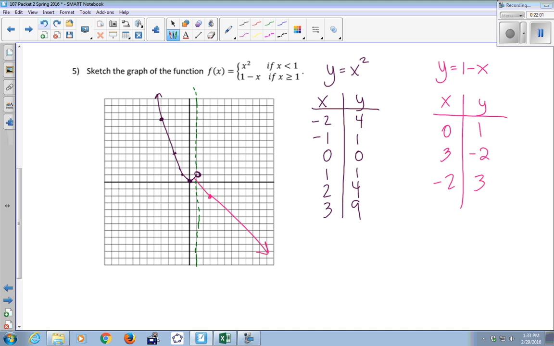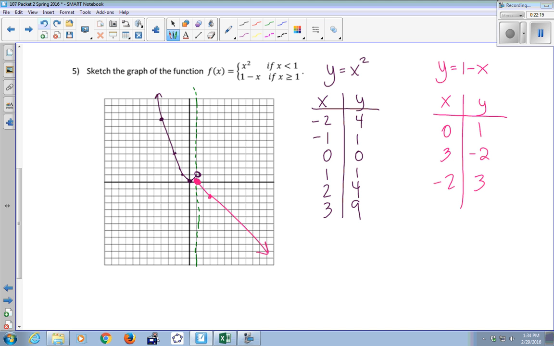Okay. And then pink is supposed to be at 1 should be 0. So that should be an open circle right there. No, that should be pink. There we go.